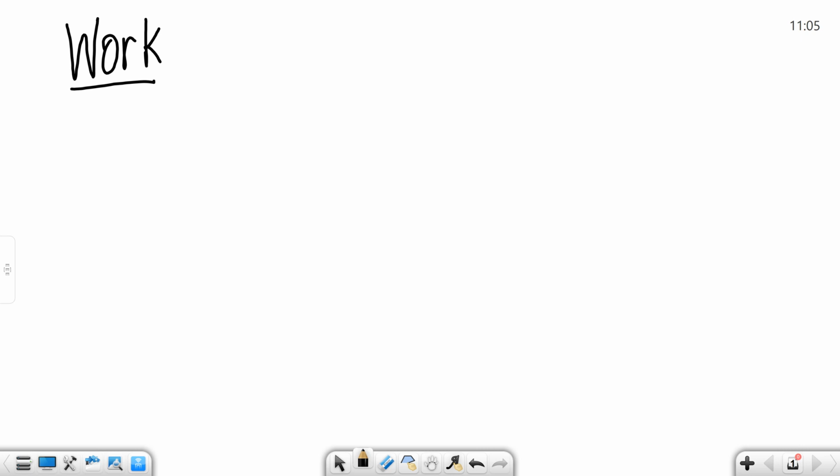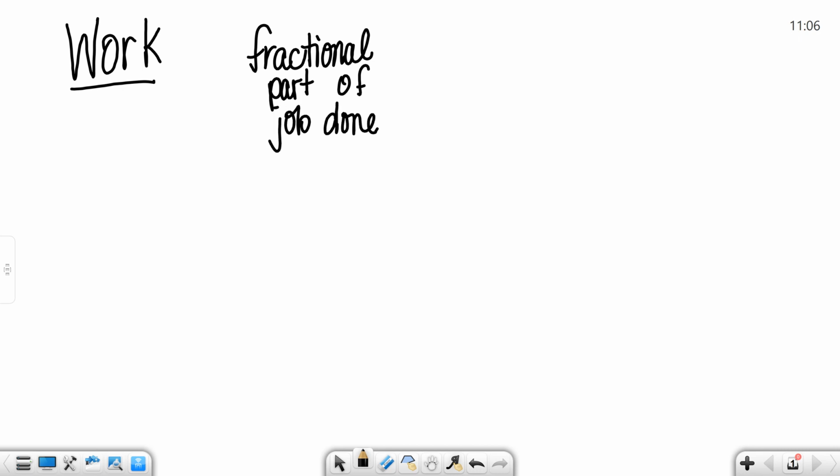So this is like saying, I can paint the room in 3 hours. Sarah can paint the room in 2 hours. How long will it take us if we paint the room together? That would be like a work problem. So here's how we do these. We take the fractional part of the job done plus the fractional part of the job done.